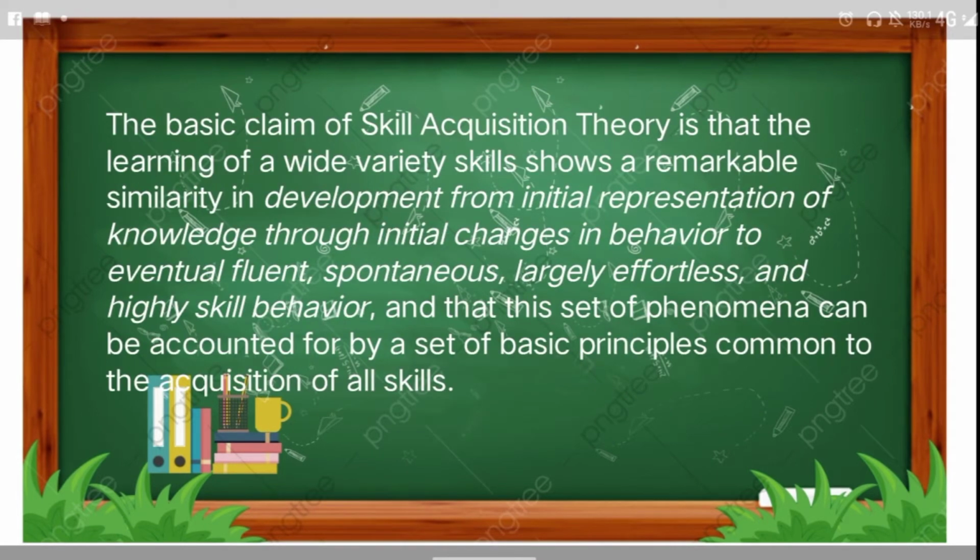So here is the basic claim of skill acquisition theory. The learning of a wide variety of skills shows a remarkable similarity in development from initial presentation of knowledge through initial changes in behavior to eventual fluent, spontaneous, and largely effortless and highly skilled behavior, and this set of phenomena can be accounted for by a set of basic principles common to the acquisition of all skills.